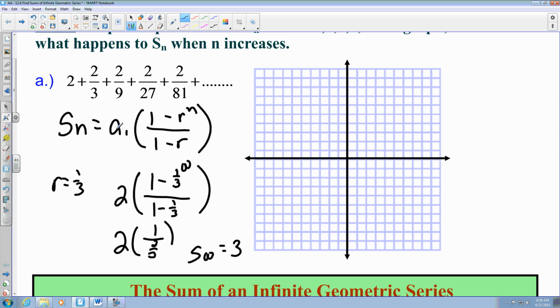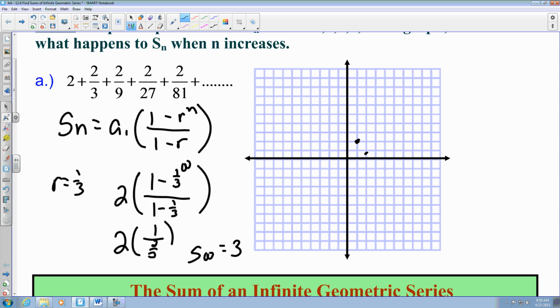If I were to put this on the graph, my x coordinates represent my sequence. So this is going to be my S of 1, S of 2, S of 3, and so on. If n is 1, my value is going to be 2. If n is 2, it's going to be 2/3, so it's somewhere right around here.